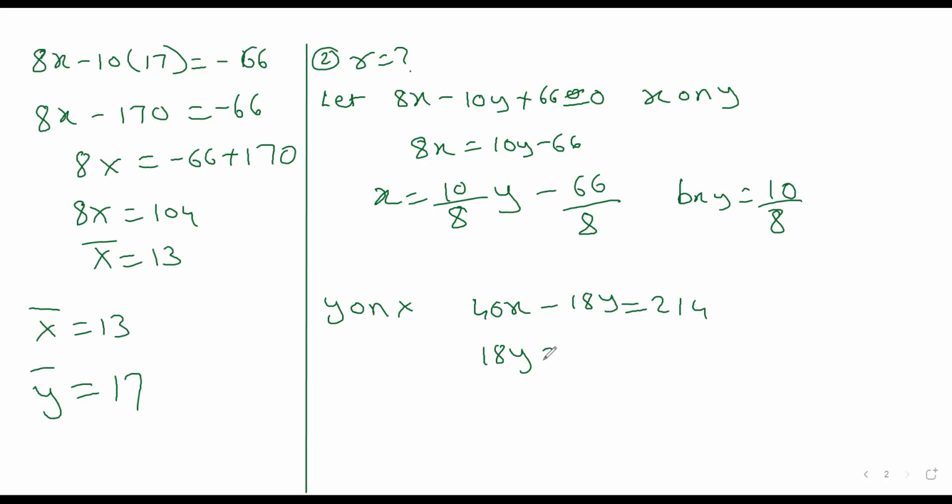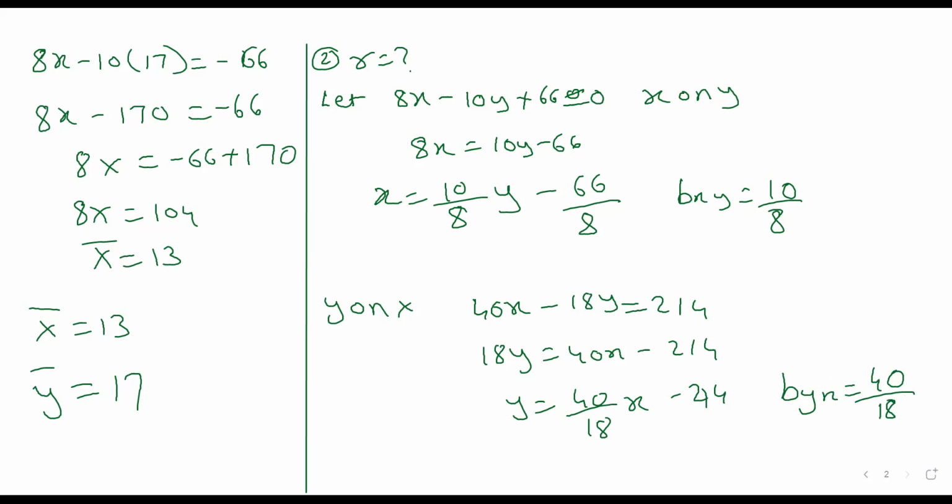So 18y is 40x minus 214, y is 40 by 18 x minus 214. So byx is 40 by 18. Now let us see what is 10 divided by 8. 1.25. What is 40 divided by 18?